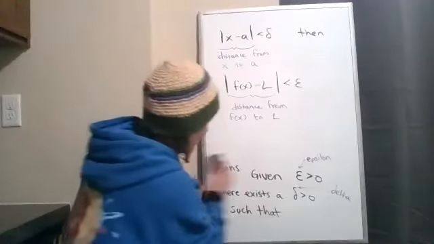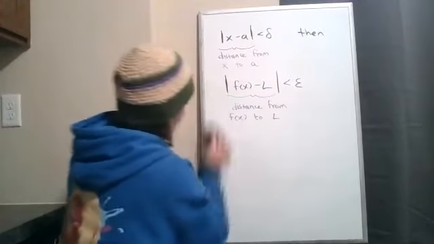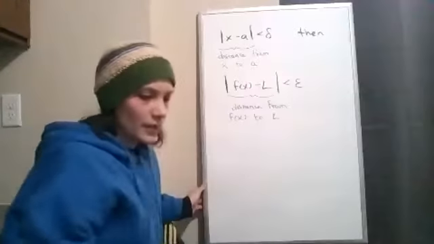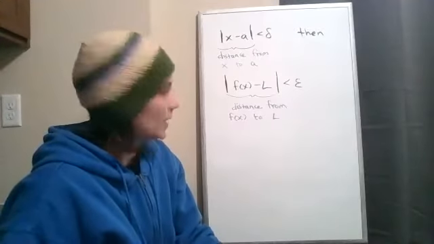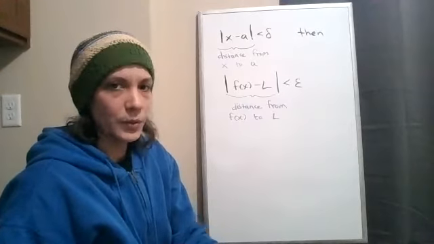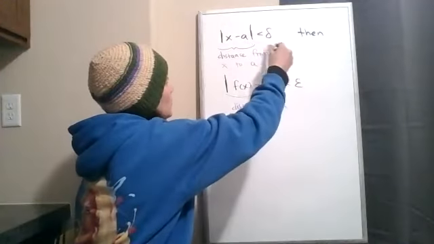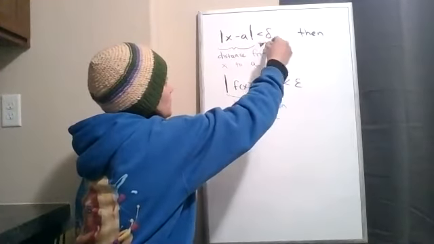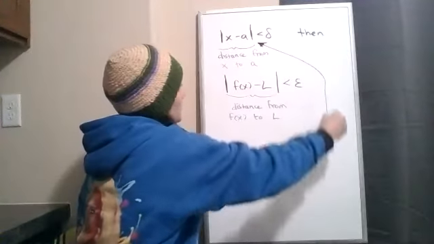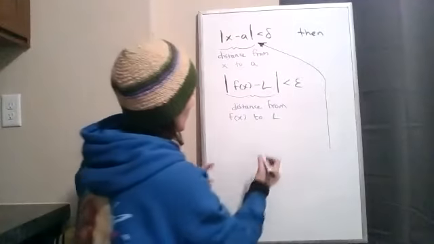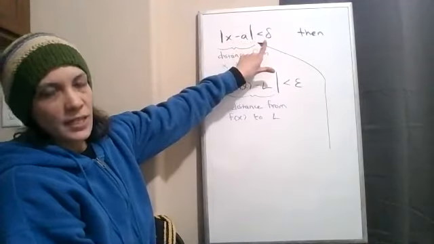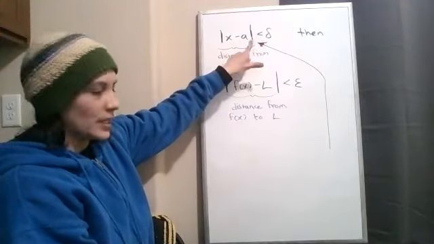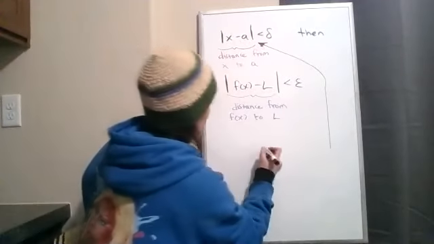Okay, we need a picture. Actually, I put a little side note that the distance between x and a is less than delta, which means that x minus a is between negative delta and positive delta.